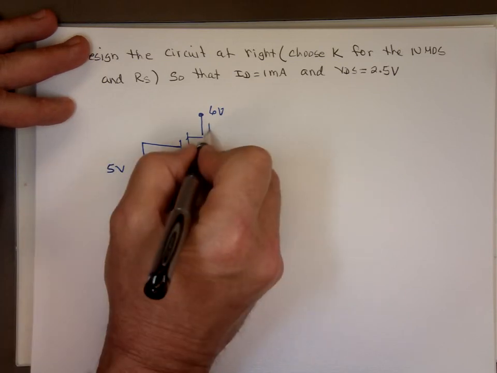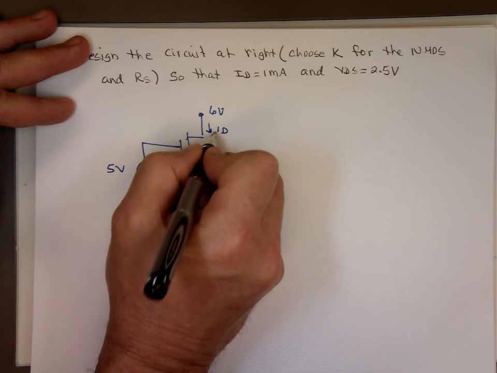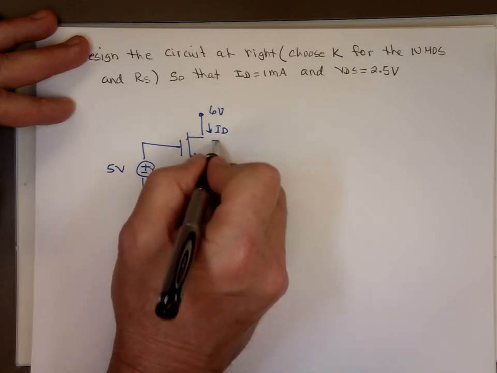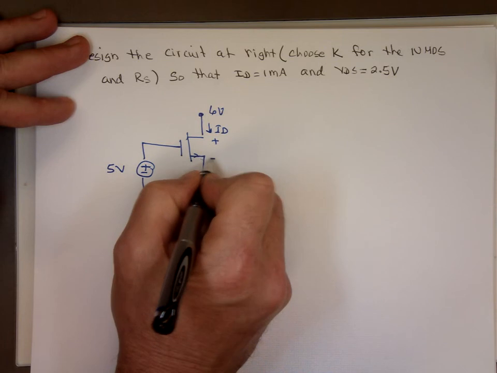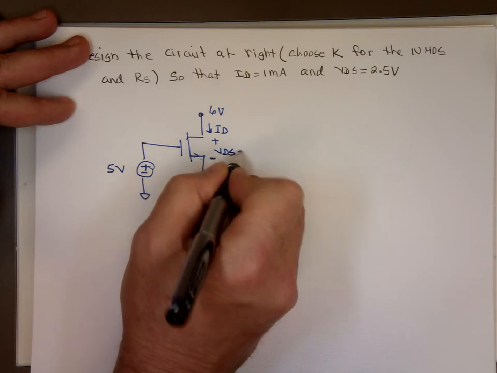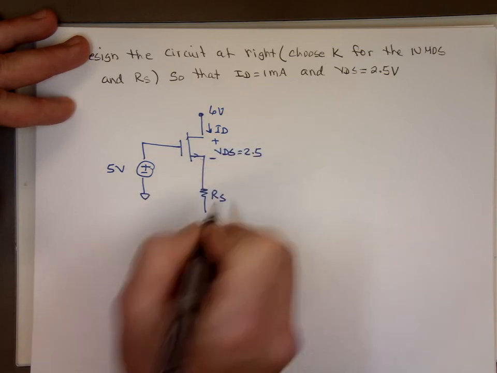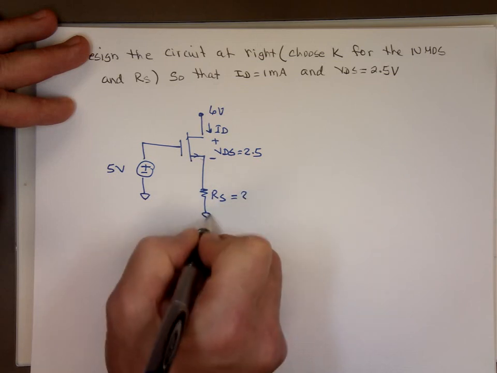This is I sub D. This is VDS. So I'm giving you VDS here in the example equals 2.5. The question is, what is this value here and what's K?